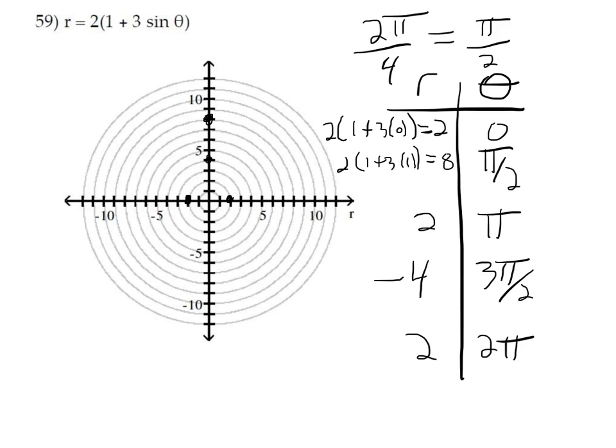Okay, that is definitely a different looking graph. So to complete this picture, we start here and we go out to there and back, and then we do a little inner loop. And that's what happens when you have a negative radius. You get an inner loop. And this should be more circular. Should probably be more circular like this.